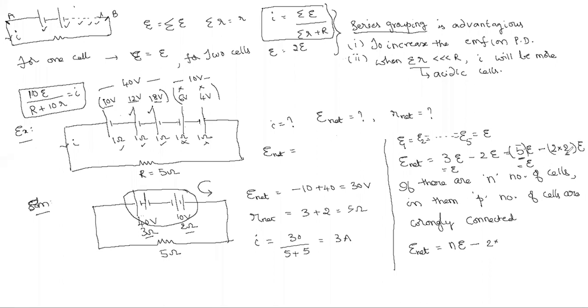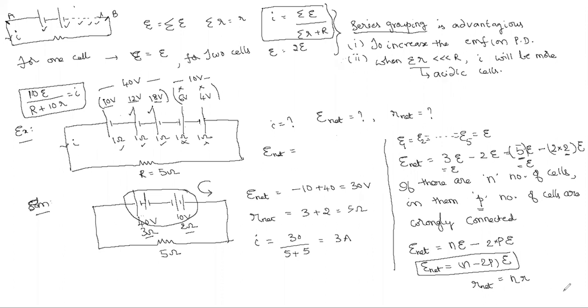In theory how many cells am I saying there? P, sir. So NE minus 2P into E. So the formula will be n minus 2p into E. Very good. So will you remember it as a shortcut? Yes sir. But will you say R net is n minus 2p into r or nr? No sir, nr. Very good. R net is nr.